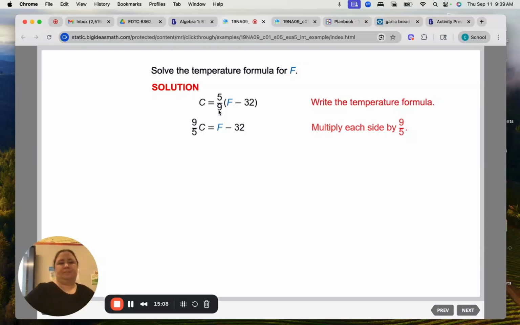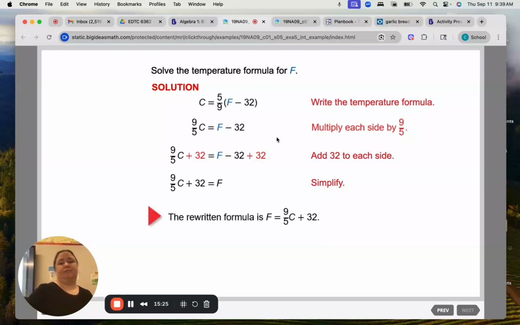So can I move the 32? Yeah. How do I do that? Plus 32. So 9/5 C plus 32 should equal F.